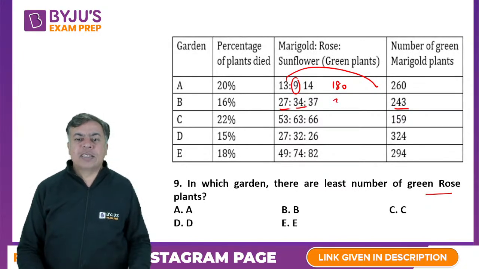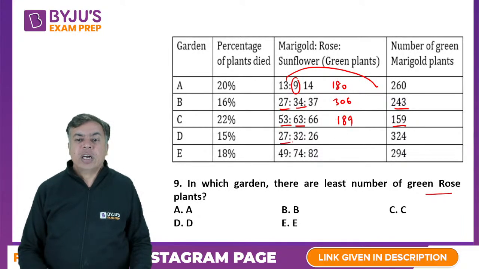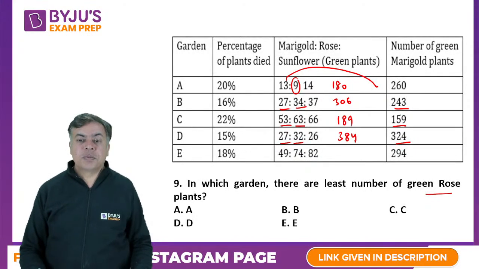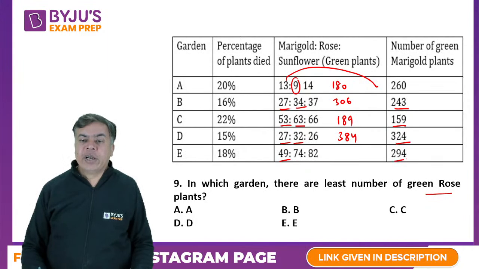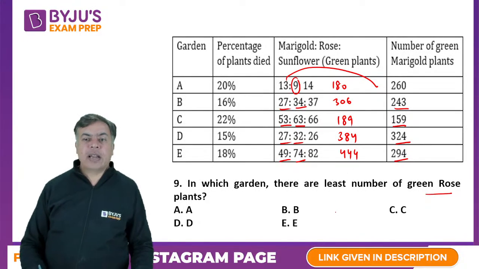So 340 minus this, 306, right? 53 into 3, so roses will be 63 into 3, 189. 27 into 12, 32 into 12. So 320 plus 64, 384, right? 49 into 6, 74 into 6. So 6 into 4, 24, 6, 7, 42, 444, right?